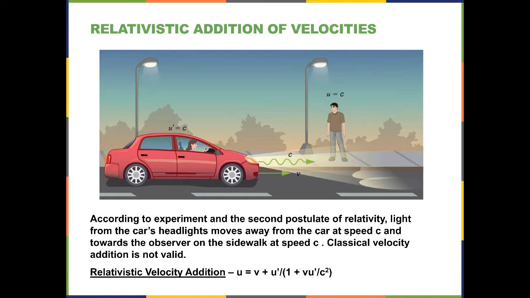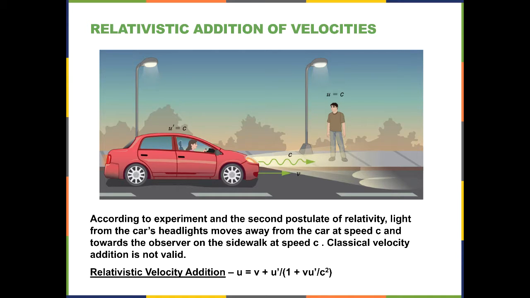But according to the experiment that led to the second postulate, light moving in a positive direction with regard to the speed of a car or in a negative direction, its velocity has no impact. And therefore, that classic vector addition is not actually valid.